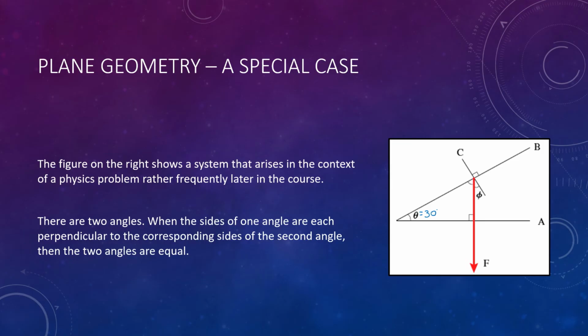This is 30 degrees, and because this is perpendicular, this is 90 degrees, this little box here indicates a 90-degree angle. So we have 90 and 30, that adds up to 120, which means if the total is supposed to be 180, this angle right here has to be 60 degrees.